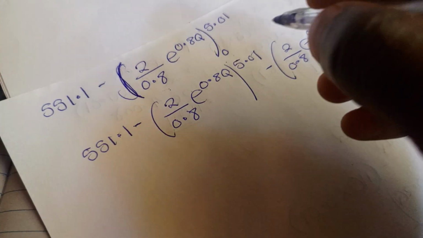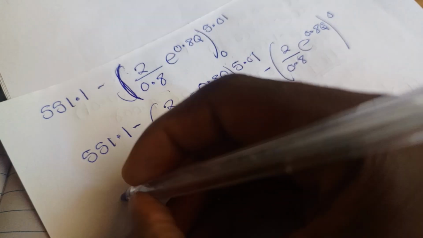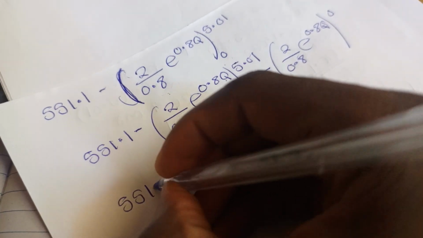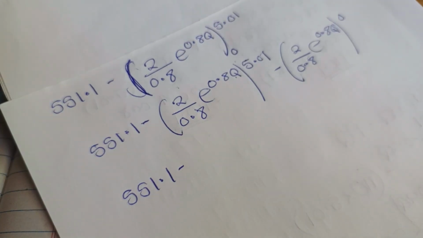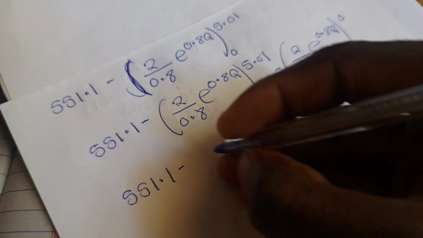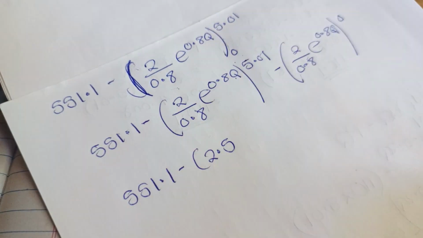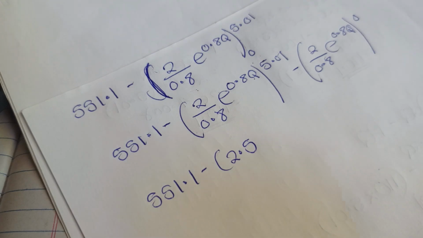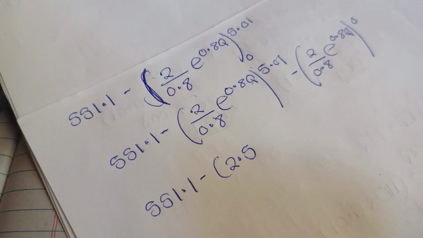So we'll just replace, where the value for q is 5.01. So we have 551.1 minus, where 2 divided by 0.8 is 2.5. Then we just replace our q with 5.01. So we will multiply 0.8 times 5.01, it is giving us 4.008.